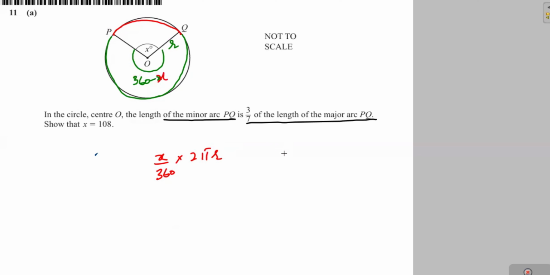We will write 360 minus x over 360 into 2 pi r. Look here. This statement is the length of minor arc. This length is 3 over 7 of major arc. Therefore, we write here, this length equal to 3 over 7 into this length.